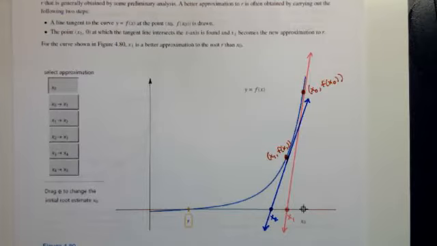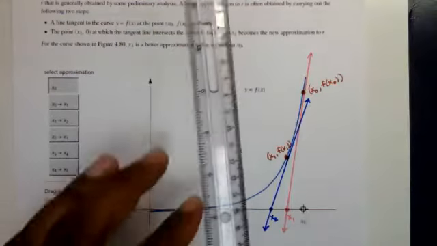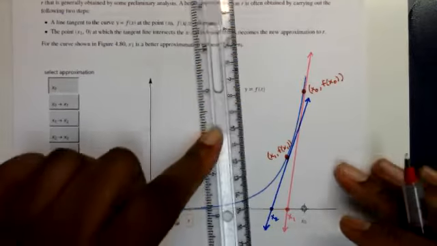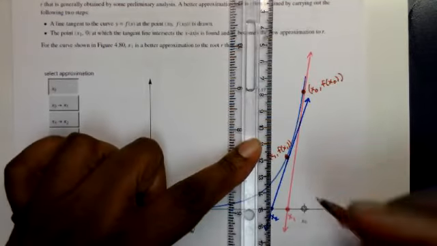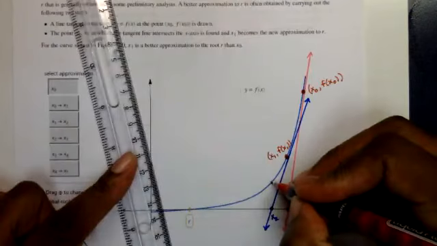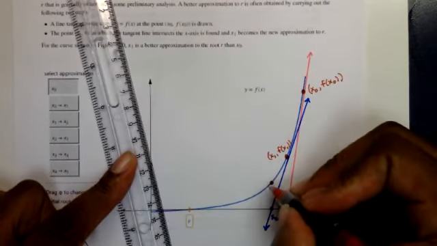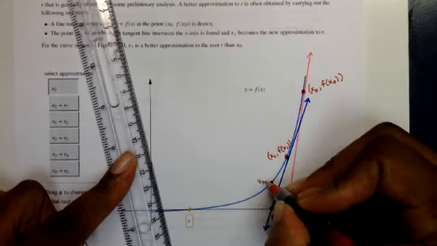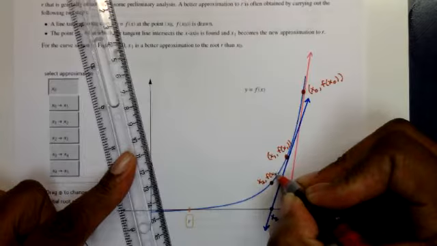Then I continue this process by drawing the point on the graph where x2 is. That will be here, and that point is x2, f of x2.